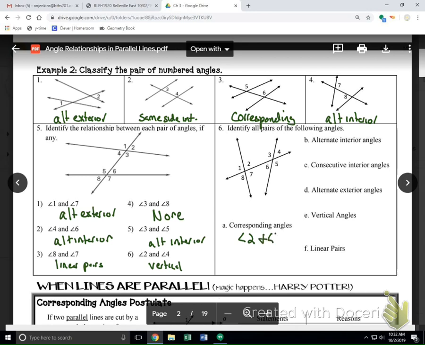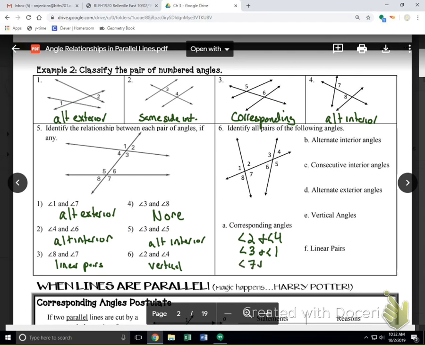Yep. 2 and 4. Dante, you want to tell me another one? 2 and 3. So 2 and 3 are same side interior. So it would be something like 3 is above the transversal to the right. So the other one that's above the transversal to the right would be 3 and, you're close, above the transversal. 3 and 1. Yep.